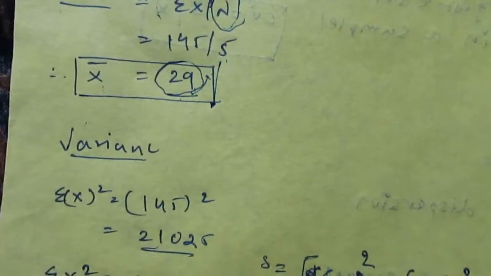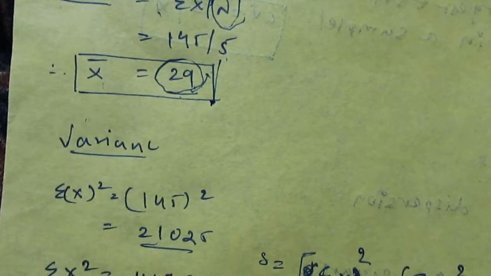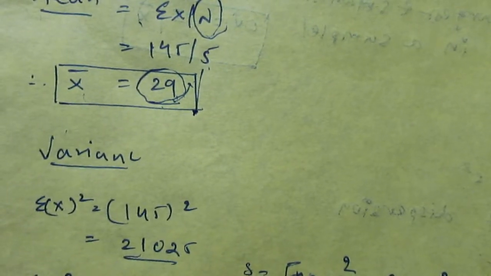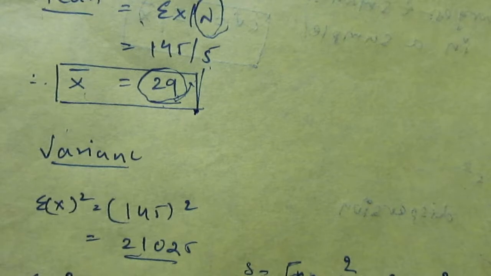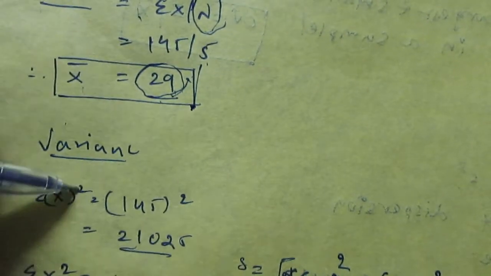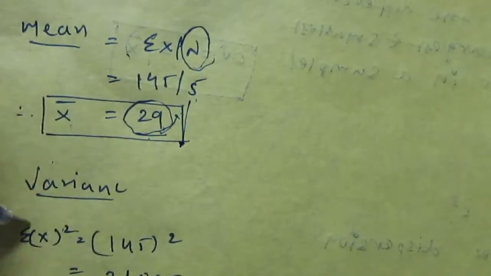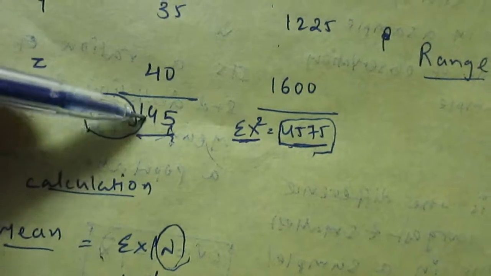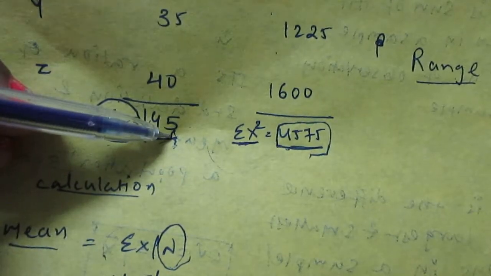Now how do we calculate variance? Before calculating variance, it is necessary to calculate the square of the sum of observations, that is sum of x whole square.